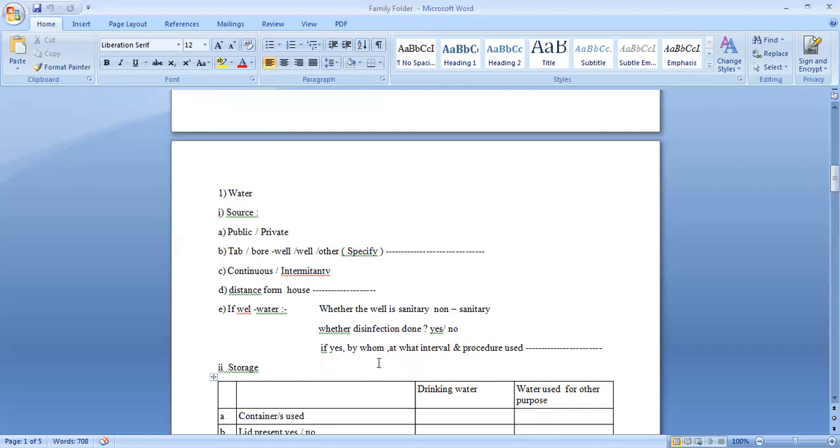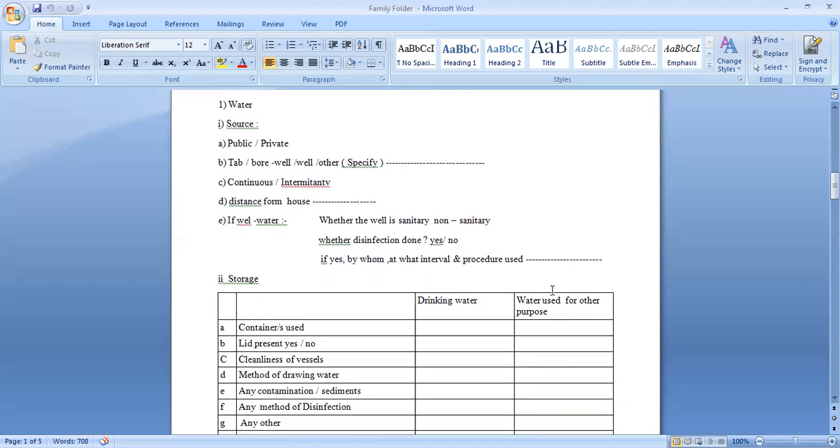If yes, by whom the disinfection has been done, at what interval it is being done, and what procedure is adopted for making the well disinfected.